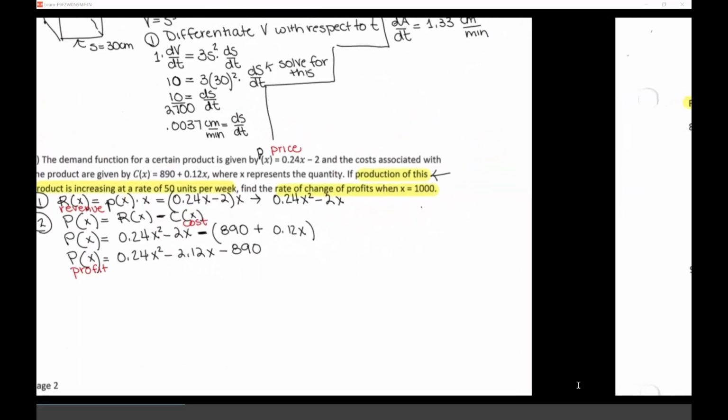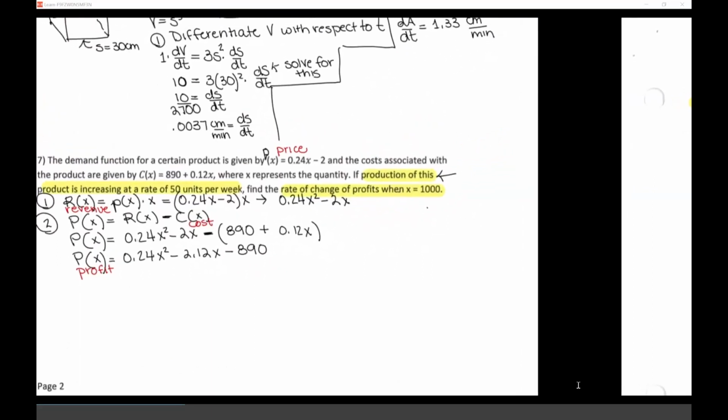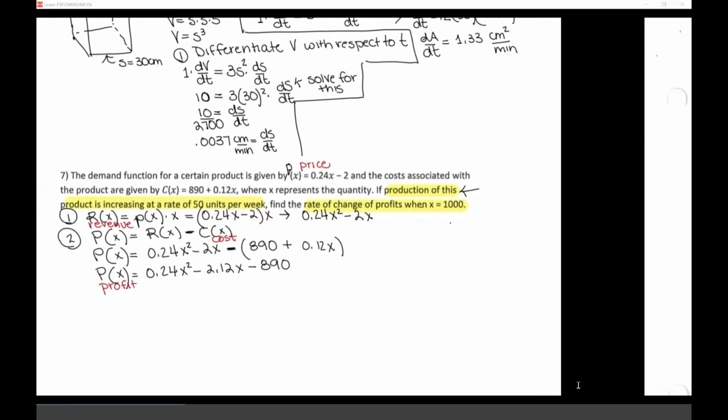So what's production or product? What is tracking the amount of product you're making and selling? This part's important, guys, because here's where you get stuck. Making and selling.